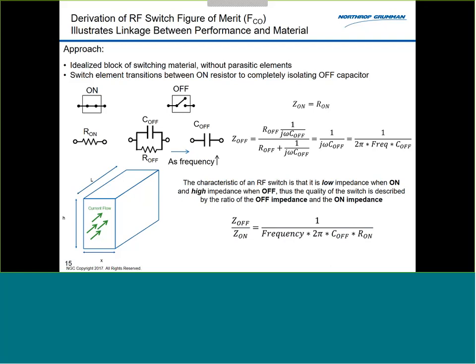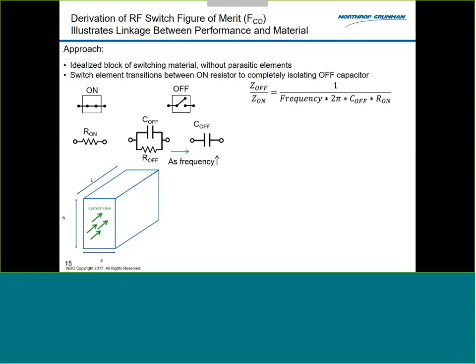That ratio between the two essentially tells me the quality of my switch, how good it is. I want to have as big of a difference between the off state and the on state as possible. First, actually, let me go through it. This is just demonstrating that the impedance ratio is 1 over the frequency times 2 pi R on C off.